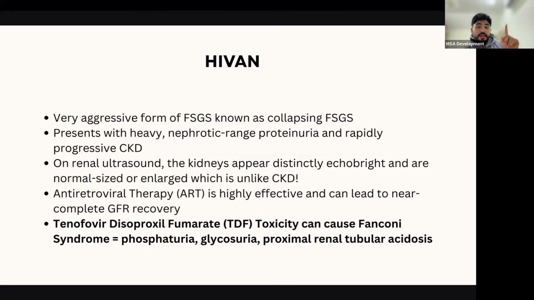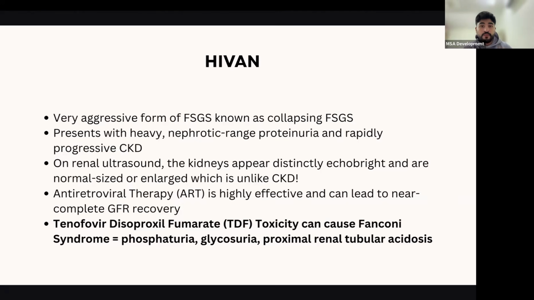For HIV associated nephropathy, it's a very aggressive form of focal segmental glomerulosclerosis in the glomerulus. They usually call it collapsing FSGS. The patient is going to present to you with heavy nephrotic syndrome, and could rapidly progress to end-stage renal disease.